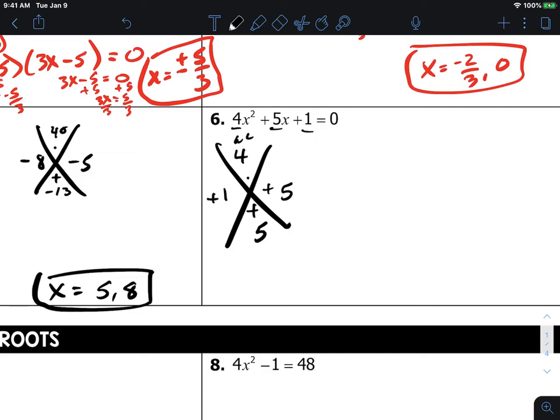Please, please, please, though, do not write down your answer as this. Don't do this. Why?